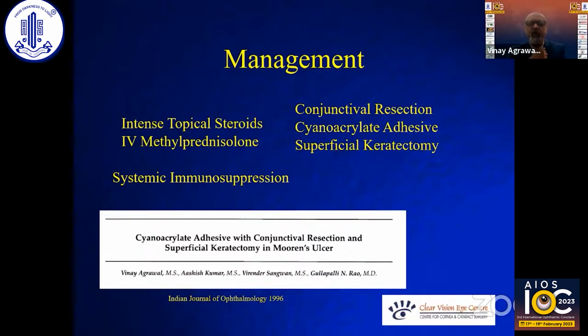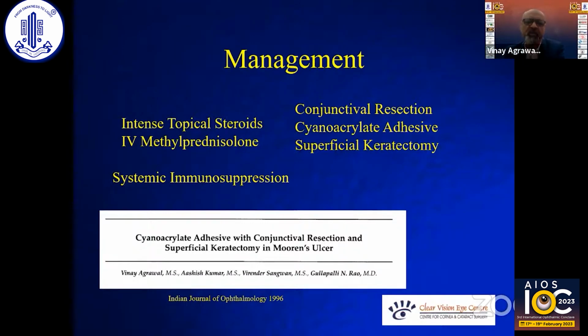In cases of bilateral Mooren's ulcer, all of the above, in addition, systemic immunosuppression becomes very, very important because without systemic immunosuppression, most of the bilateral or the aggressive Mooren's ulcers are not going to do well. This is something which is very, very crucial to understand, that being ophthalmologists, many a time we feel that topical medications should do the trick.